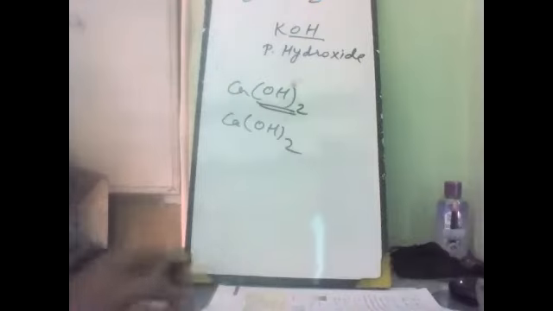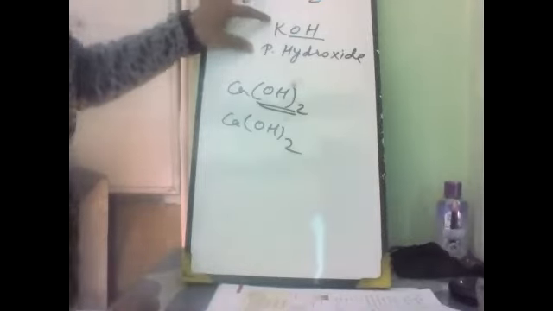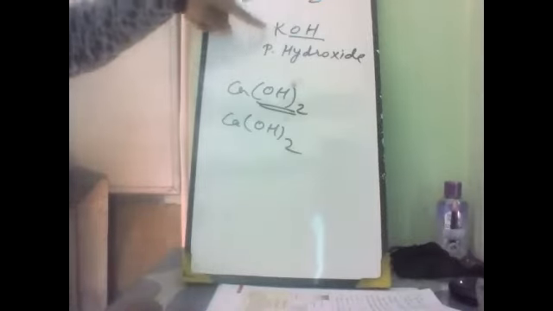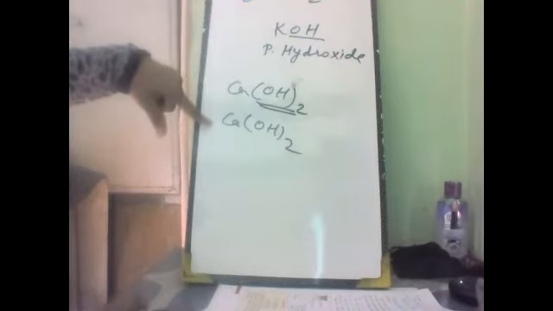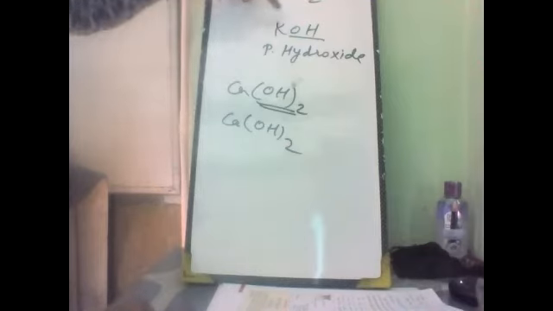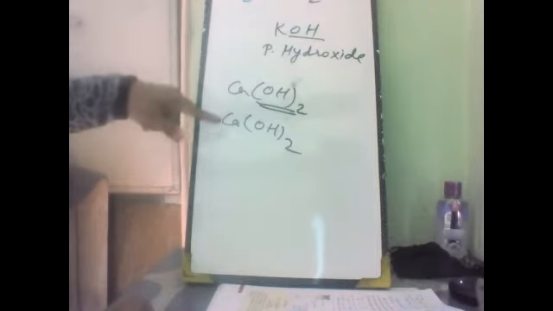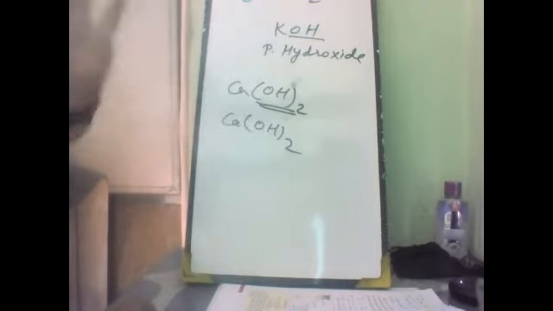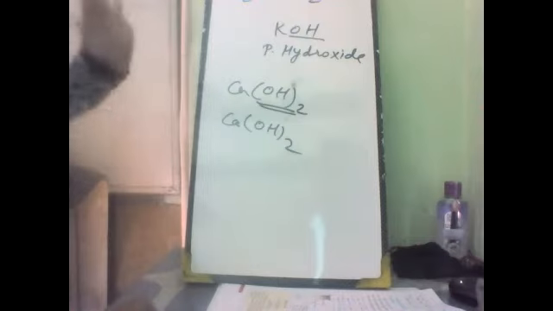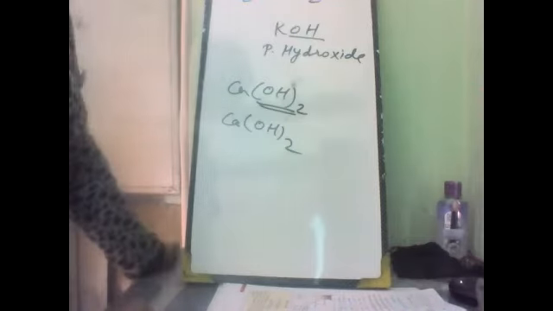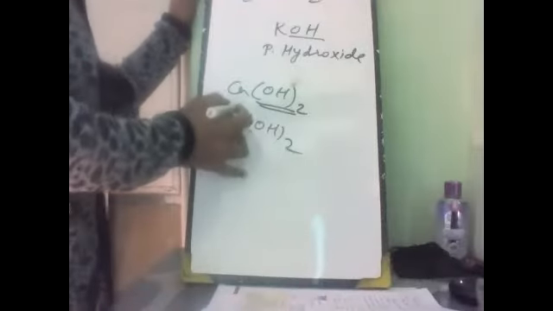Why are we writing hydroxide in two different ways? Here is potassium hydroxide and here is calcium hydroxide. In this we write KOH only, but in case of calcium hydroxide we write Ca(OH)2. Why? Ma'am, because calcium valency is 2 and hydroxide valency is 1.